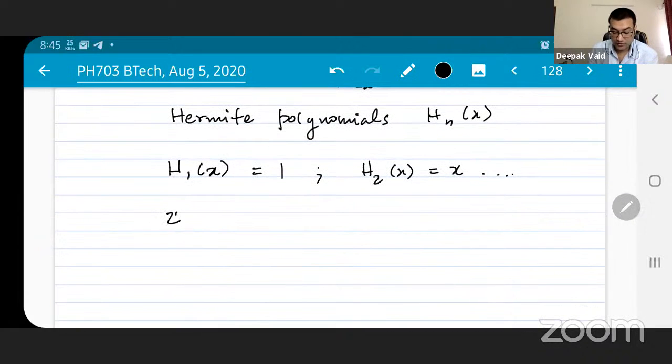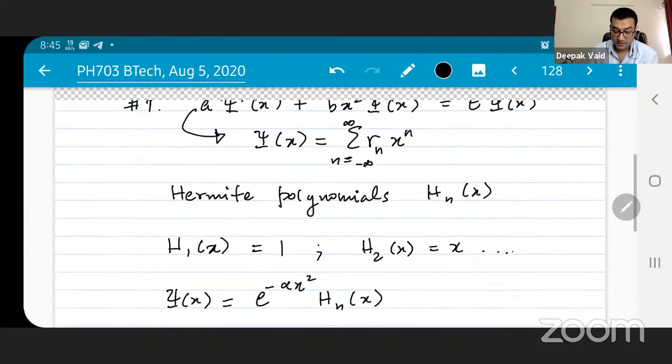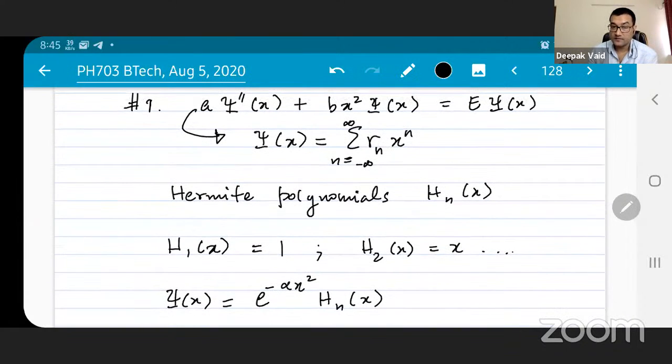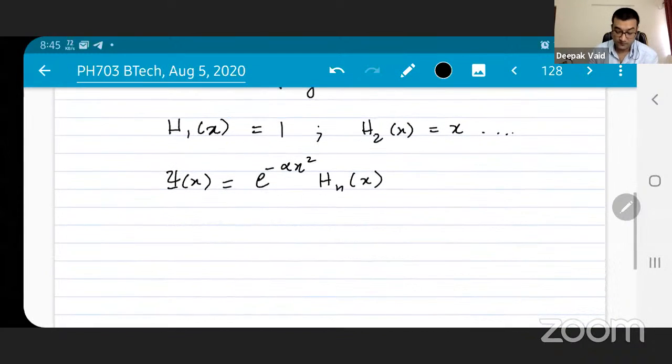Your state turns out to be e to the minus some alpha x squared times the Hermite polynomial. This is in general the solution of this differential equation. Okay, but this is the hard way to solve this problem.